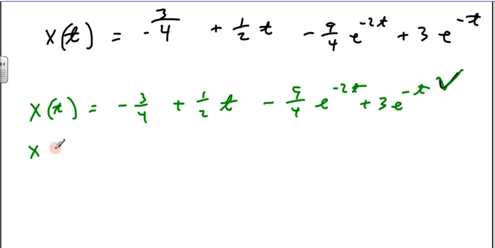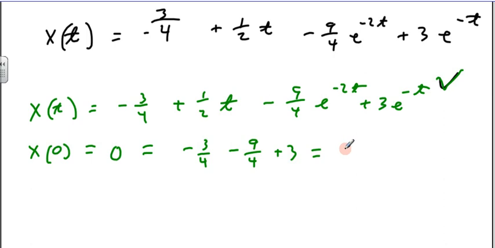And x of 0 is supposed to be 0. And I've got minus 3/4 minus 9/4 plus 3, which is in fact 0, so that checks.